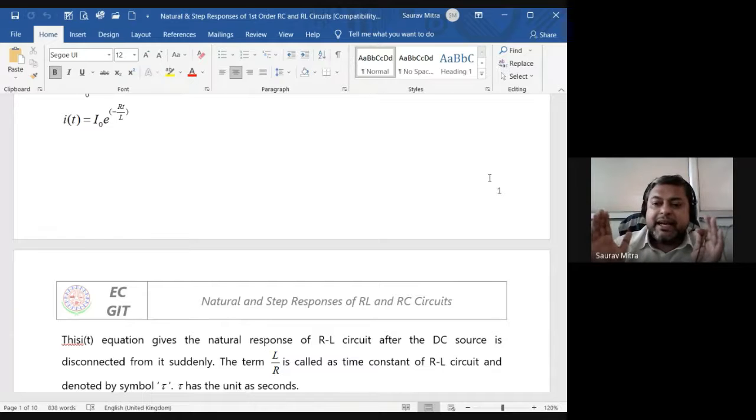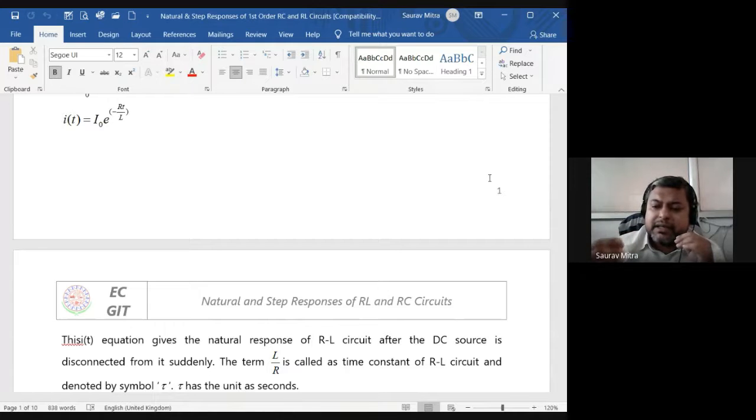So initially L and R do not have any current, because no supply is connected, provided it is a pure inductor and pure resistor, or pure inductor, pure capacitor and a pure resistor. If it is an RC circuit, there is no initial voltage. Then you connect some supply, and some voltage builds up in the capacitor, or a current builds up in the inductor.